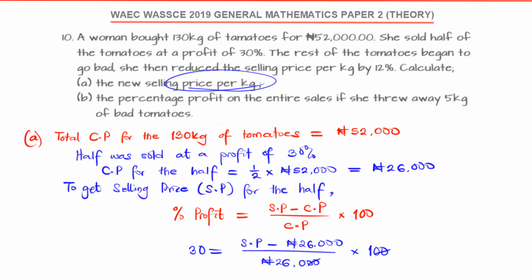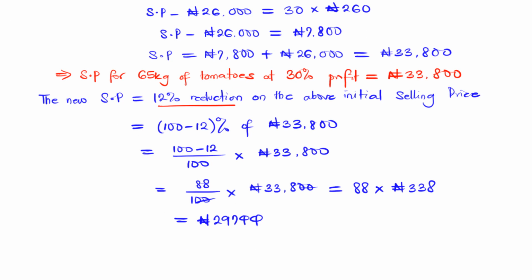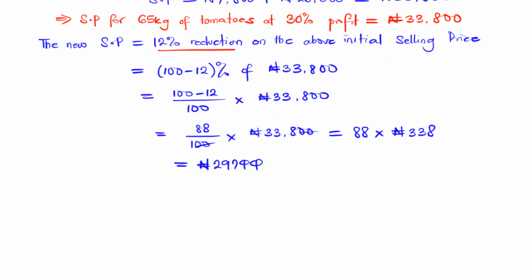So the new selling price for the remaining half that has been reduced by 12% is what we just got. But we also need to find the new selling price per kilogram, and that is where this question is technical. Look at the steps that we need to take by taking heed of the instruction that we are given. What we got initially was for 65 kilograms of the tomatoes. So this amount, 29,744 naira, is for the other 65 kilograms that were going bad. Now we find the price per kilogram, not for the 65 kilograms.